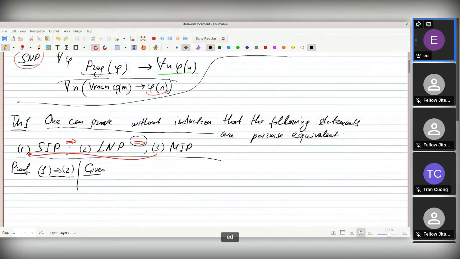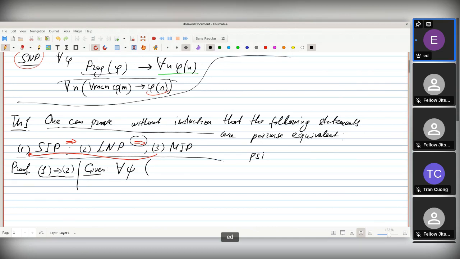Let me rewrite it here, reproduce the statement. For every psi, I shall change the letter for technical reasons. Clearly, this letter is bound by the quantifier, so it doesn't matter whether I call it psi or phi. So for every psi, like in psychology, they pronounce it psi.